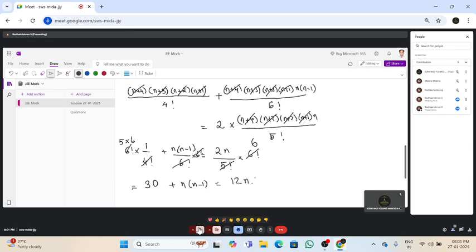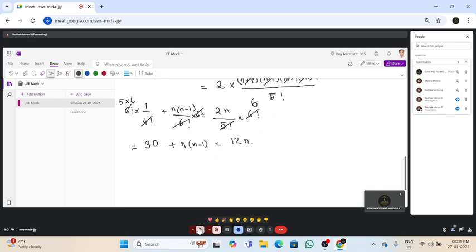So this is a quadratic equation. To solve for this, you can determine the value of n. இது ரொம்ப ஸ்டாண்டர்ட் ப்ராப்ளம் இந்த மாதிரி வருது. 3 terms of a binomial expansion in AP. I've seen this many times. Okay. 30 plus n into n minus 1.